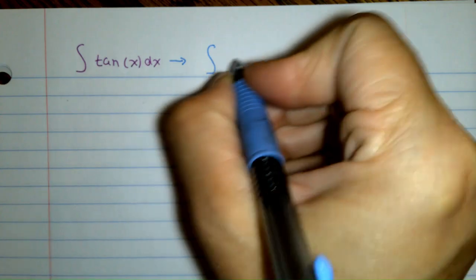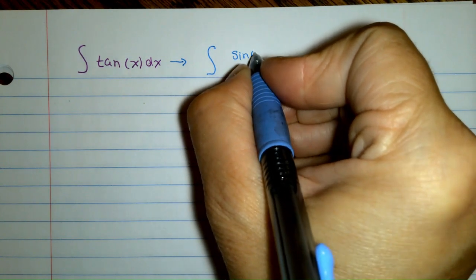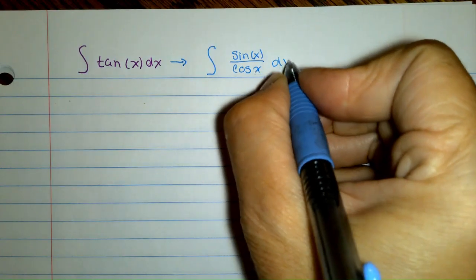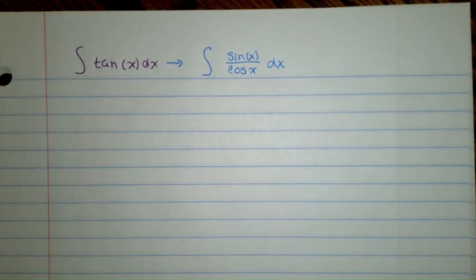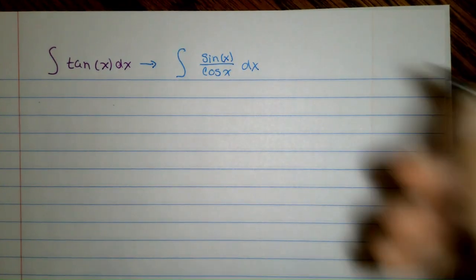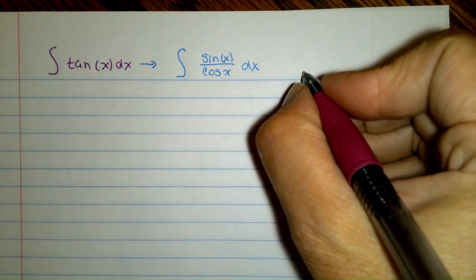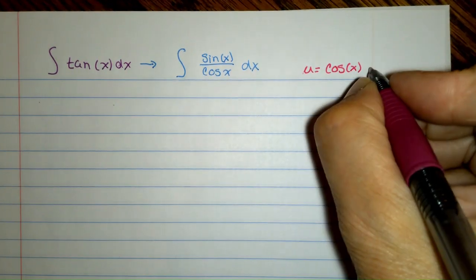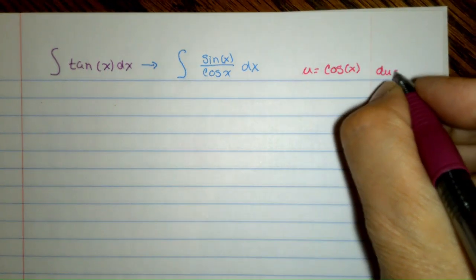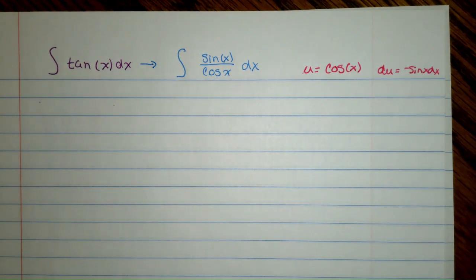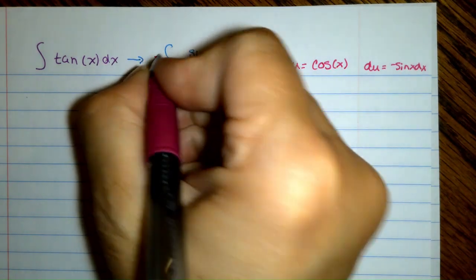Well, we know tangent is sine over cosine. And generally, if we're going to have to pick one, we let the denominator equal our u. So du will be negative sine.